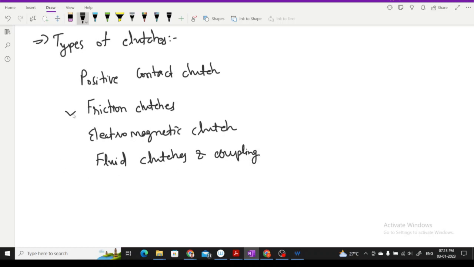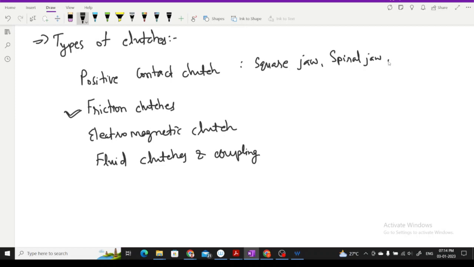So we will be focusing more on these friction clutches, right? In the case of positive control clutches, there are the square jaw clutch, the spiral jaw clutch, and the toothed wheel clutch.